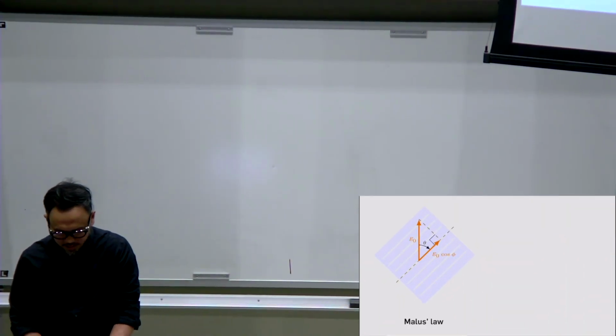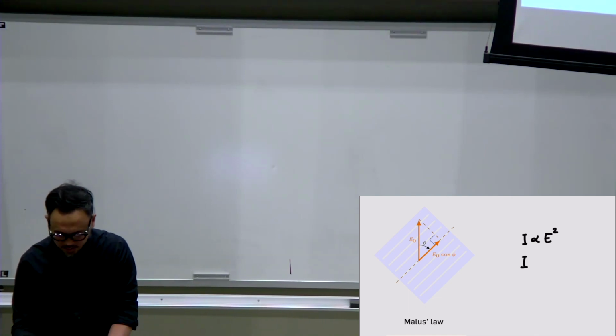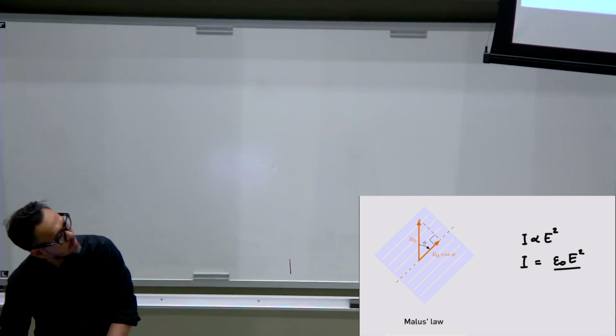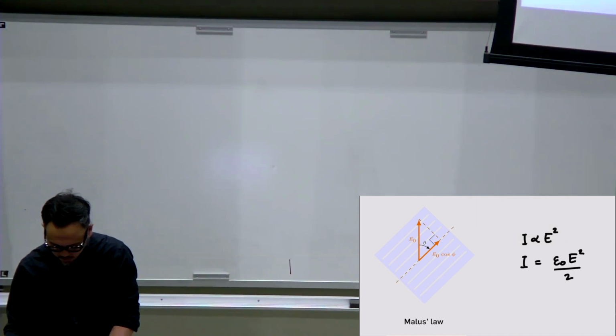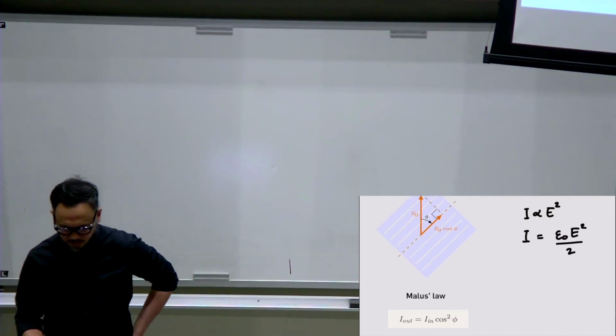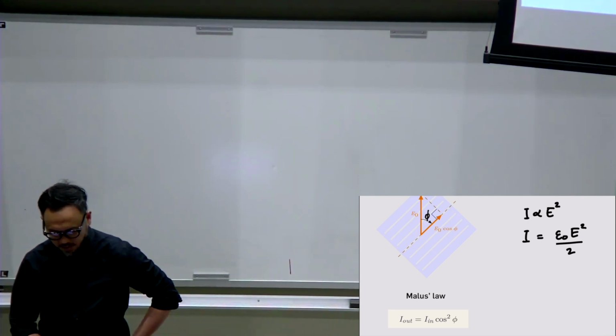If you're curious, it's because we know that the intensity is proportional to the strength of the electric field, or if you want to be more exact, the square divided by 2, something like this. Okay. Then the reason why we get cosine square of, I need to change this to phi, is because it's the projection of the incoming beam to the polarization axis of the polarizer.